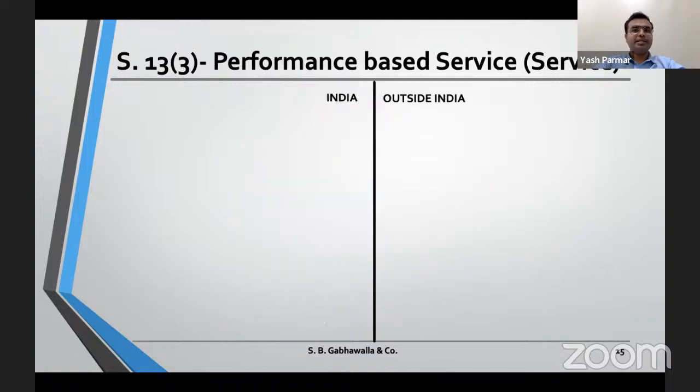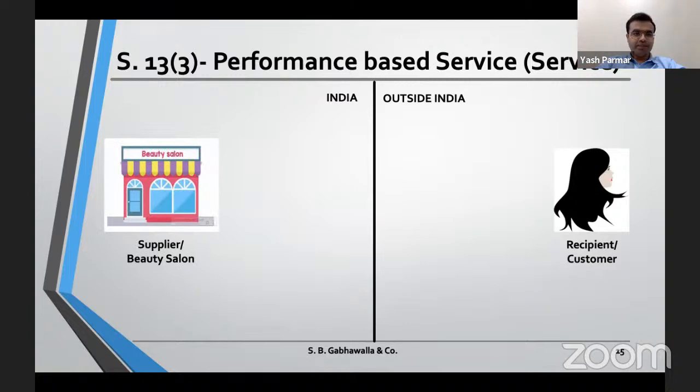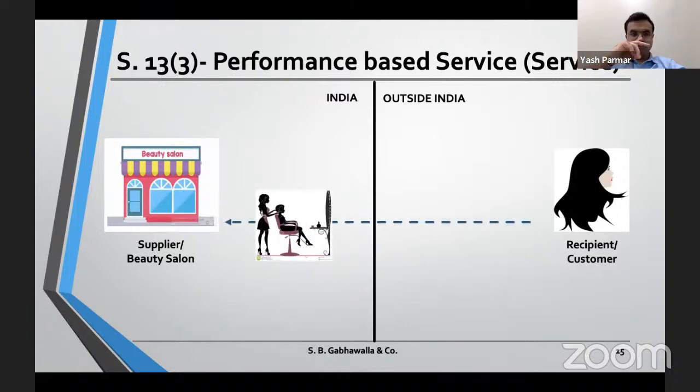Let us try to understand this with the help of an example. There is a lady who is based outside India, a resident of a foreign country. There is a beauty parlor in India. Now this lady is coming to India for a vacation, and she is visiting this particular beauty parlor to avail beauty treatment services.